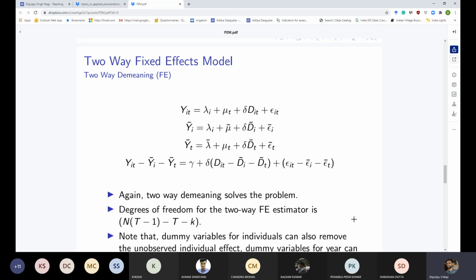Something like this COVID pandemic is an aggregate shock which has to be controlled for, because after the pandemic, the relationship between y_it and d_it itself has changed. So anything which you think is an aggregate shock which all individuals will face simultaneously goes into this mu t.